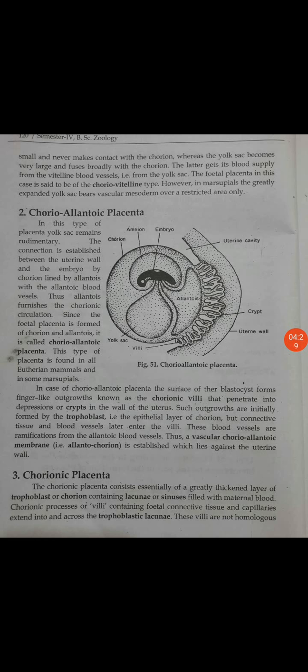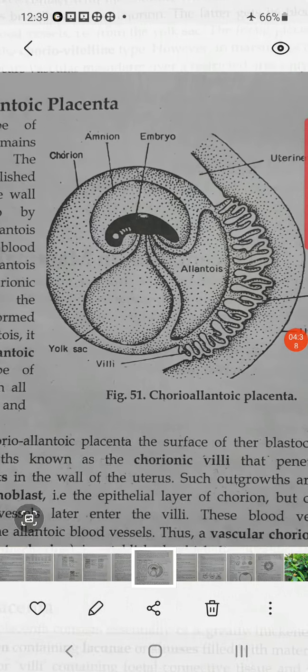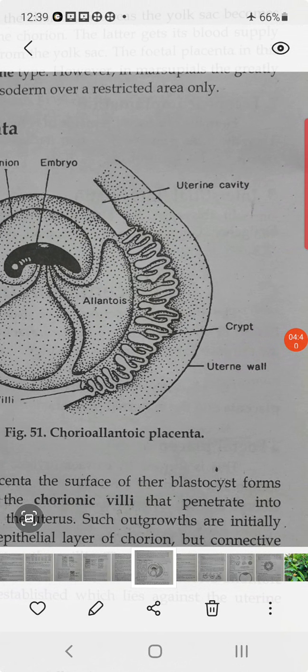So all these are extraembryonic membranes. Chorioallantoic. See the diagram here. Chorioallantoic placenta. See the right structure. Crypt. Crypt is actually a placenta. Now in this type of placenta, the yolk sac remains rudimentary.